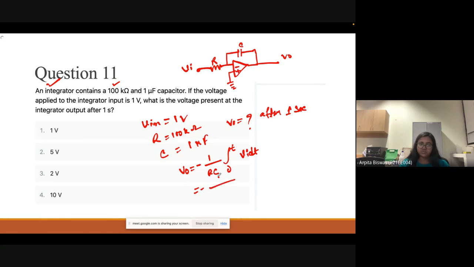So just put the values: R is 100 kilo ohm, and the value of C is 1 microfarad, 10 to the power minus 6. The time is after 1 second, so 0 to 1. The input is also given, which is 1 volt, then dt. So it is coming out as minus 10 volt. So this is the V output. Here the sign, actually, they're taking the magnitude. That's why it is 10 volt. Yes.